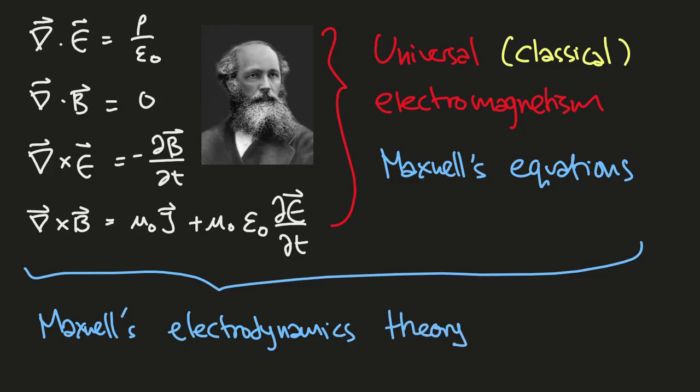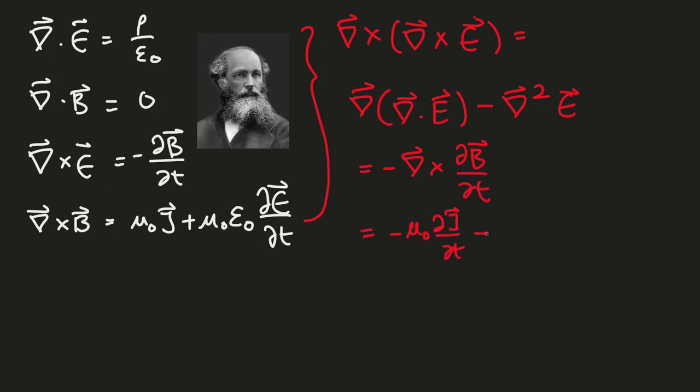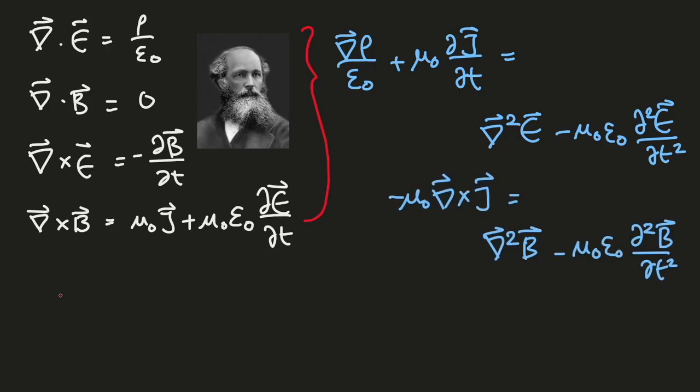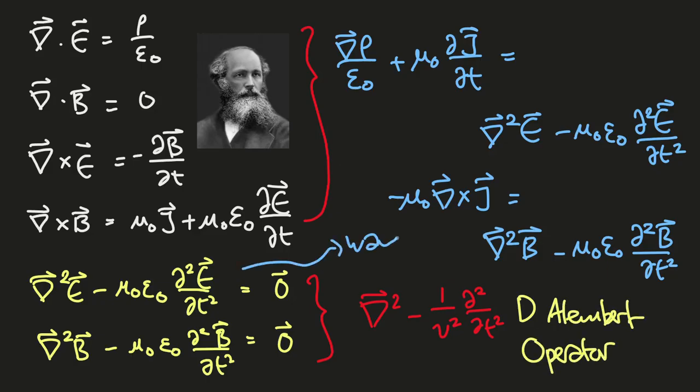And some footnote here: if we take the curl of the Faraday-Lenz induction law, we get this equation, which we obtain from a vector calculus identity, and for the right-hand side, if we take the curl, in combination with Maxwell's equations, we will get this. Likewise, if we take the curl of the Ampere-Maxwell law, at least these three, or the curl of J and a linear combination of the gradient of charge density and the first derivative with respect to time of J, then these two equations become this, where the Laplacian minus the second derivative with respect to time operator is known as the D'Alembert operator, as we know from the video about the wave equation.